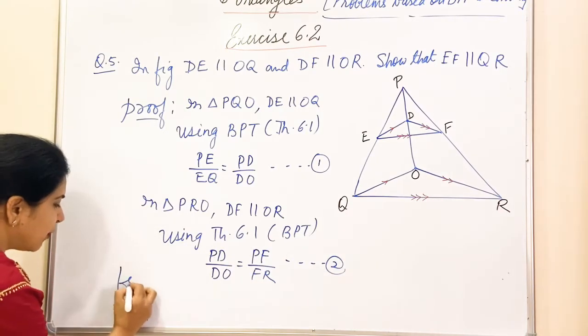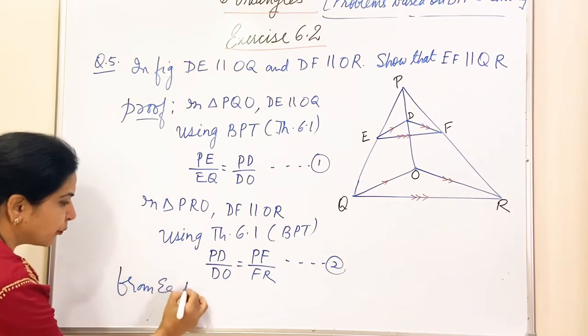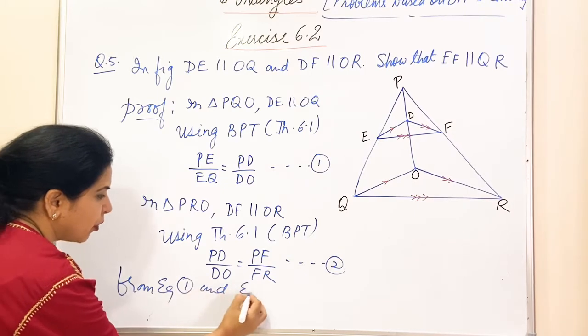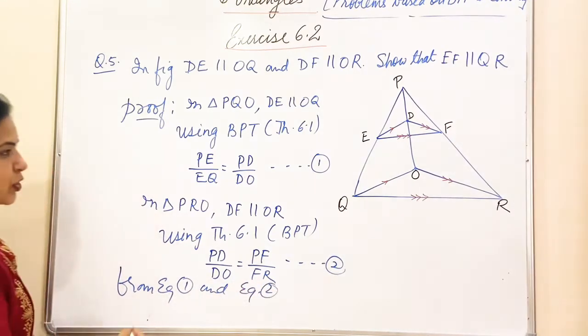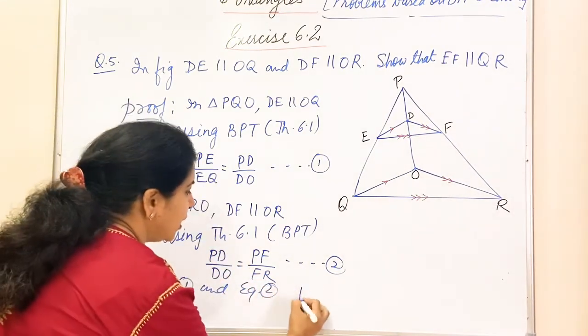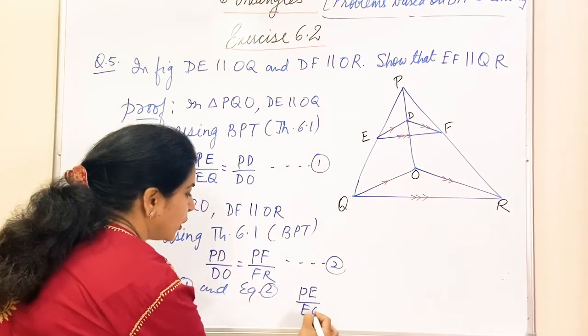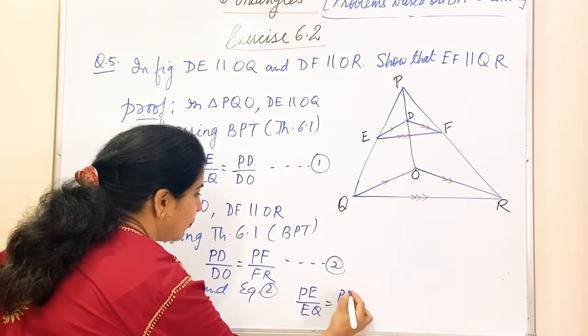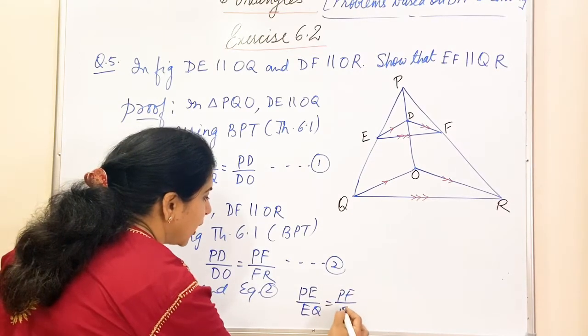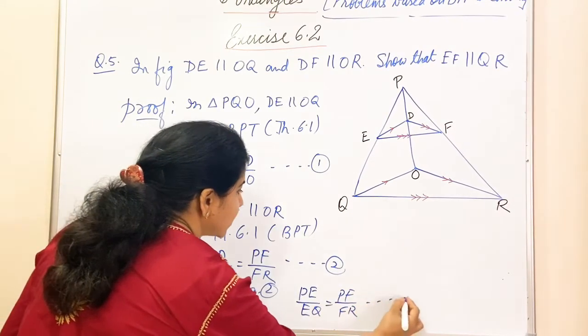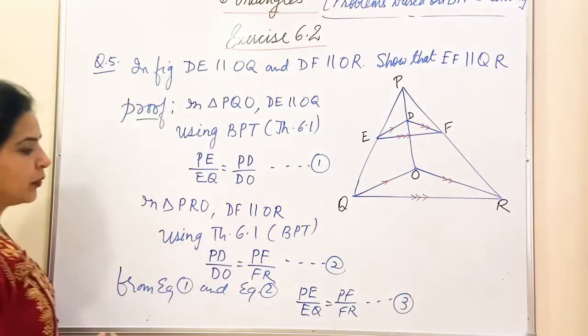So from equation 1 and equation 2, PE upon EQ is equal to PF upon FR. This is equation 3.